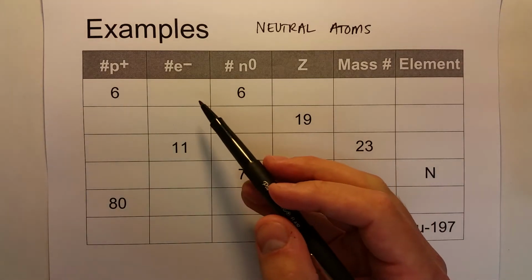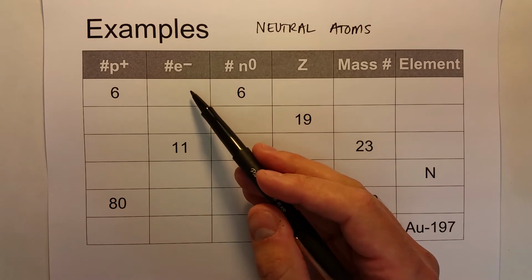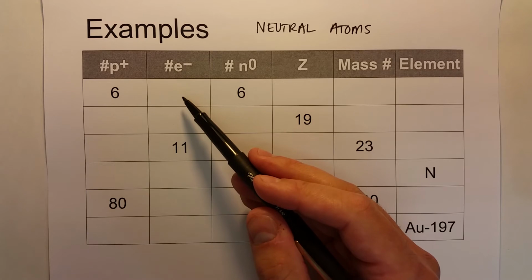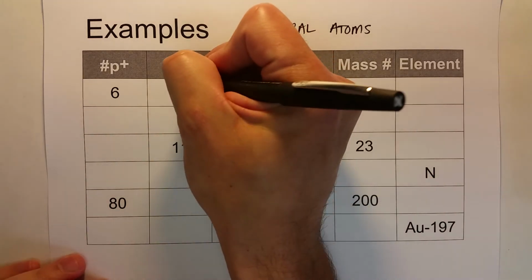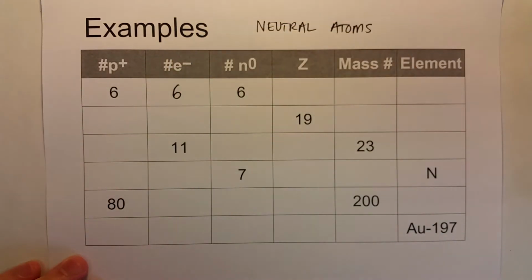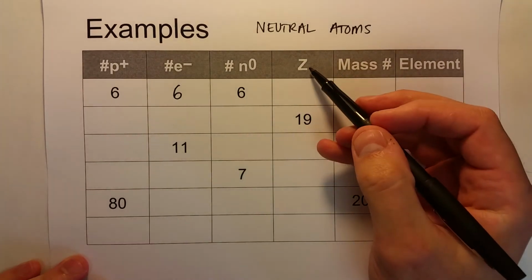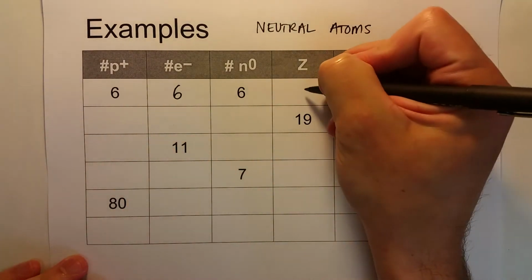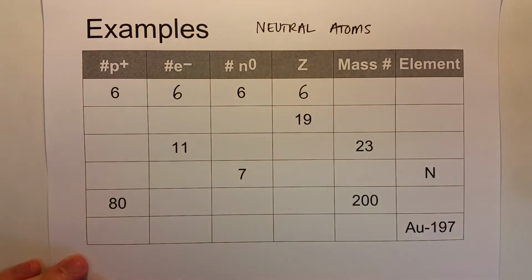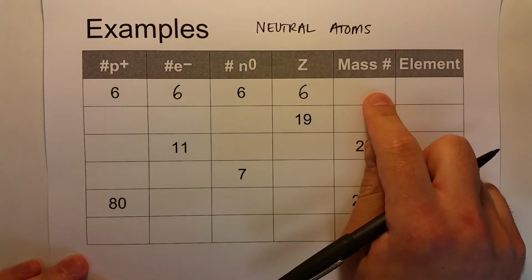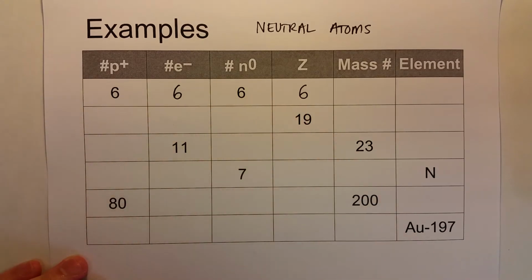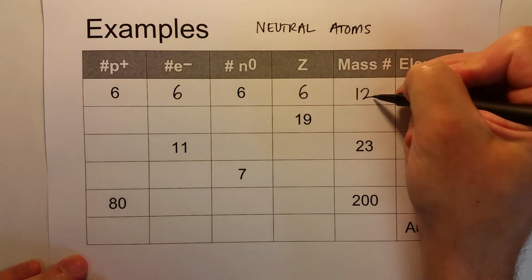So for this example, we have 6 protons, and that must mean we also have 6 electrons if it is in fact neutral. The atomic number is equal to the number of protons, so that is 6. The mass number was the sum of the protons and neutrons, and so 6 plus 6 is 12.